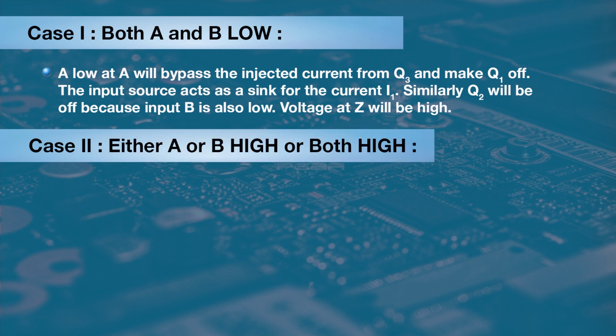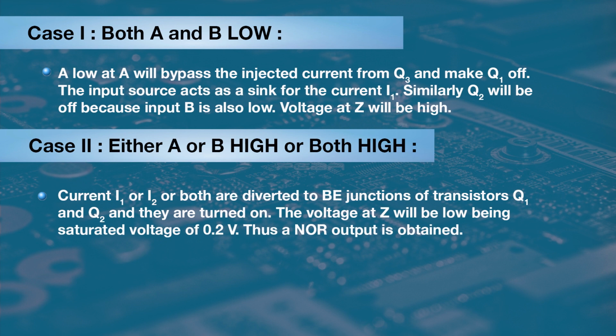Case 2, either A or B high, or both are high. Currents I1 and I2 are driven into the base junctions of transistors Q1 and Q2 and they are turned on. The voltage at Z will be low, being the saturation voltage 0.2 volt, thus the NOR output is obtained.